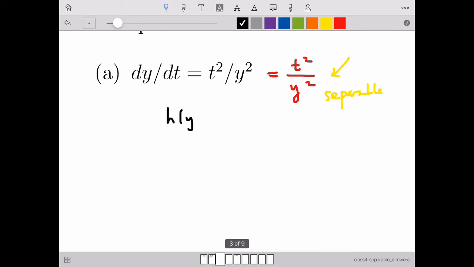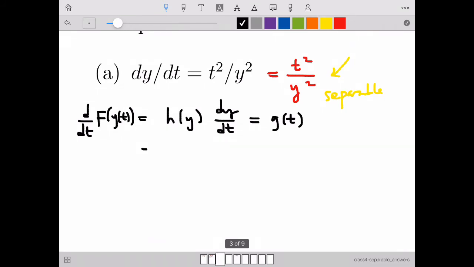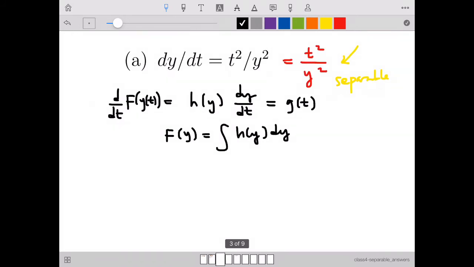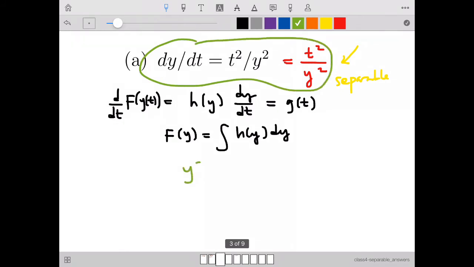Standard form is h of y dy dt equal to g of t, and we write the left hand side as d dt of big F of y of t, right, where big F of y is the antiderivative of h of y dy. So if I write this in standard form, I get y squared dy dt equals t squared.